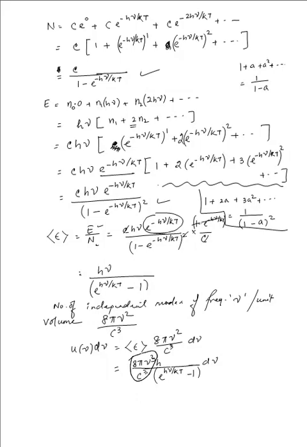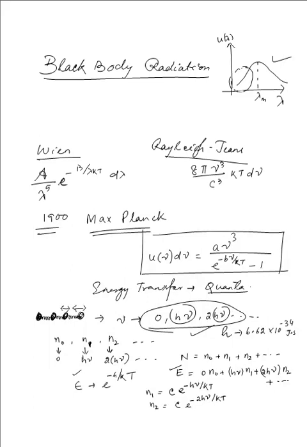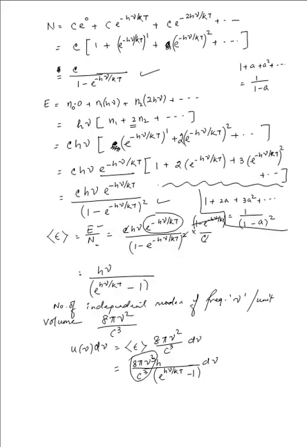This term that I've encircled right now is equal to the value of a. That is not entirely encircled because there was a nu cube. So we can keep the nu cube outside. We have the h within that. So a is simply equal to 8 pi h divided by c cube.